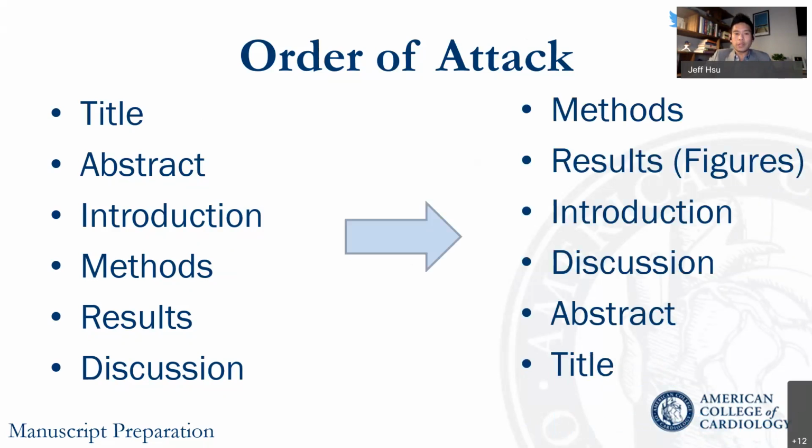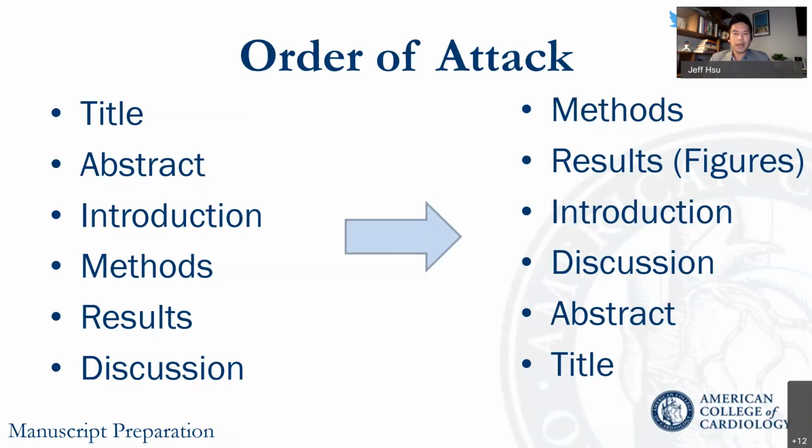Special emphasis on figures. The figures themselves should honestly tell almost the entire story of your manuscript. And spend extra time, especially in this day and age where things are disseminated on social media in tweets or just figure form. It's important to really focus on your figures and make sure that they alone almost comprehensively communicate the message of your manuscript.